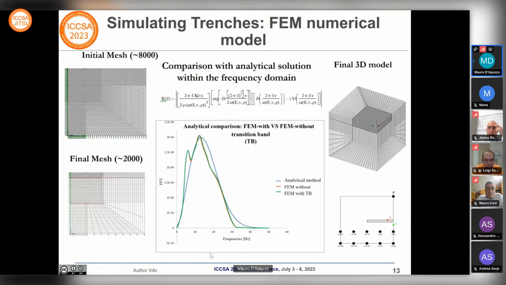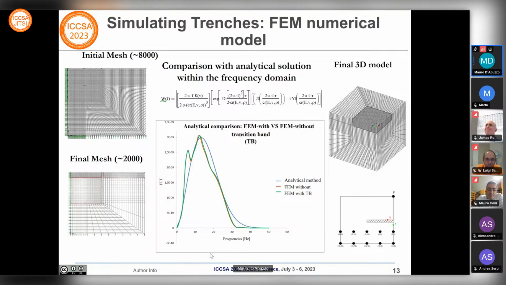But the most important thing is that we try to calibrate this finite element model by comparing the frequency response results obtained by this model with some closed form analytical results, in order to have some sort of guarantee that the model will provide reliable results.